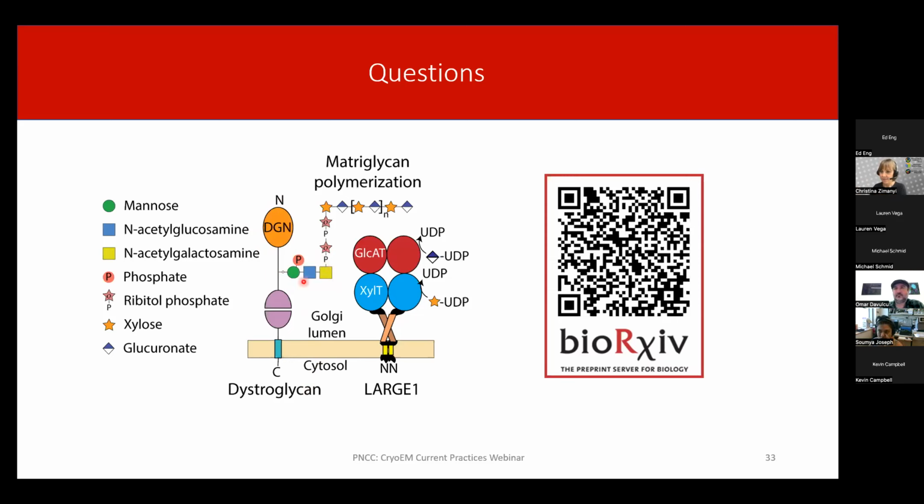And the patient data that I showed you earlier with the very short matriglycan, that patient lacks the enzyme that puts on this phosphate. So somehow this phosphorylated trisaccharide activates LARGE1 in order to polymerize full-length matriglycan. So, to answer your question, it would bind this end, but not necessarily matriglycan. It binds this stem core. Yeah.